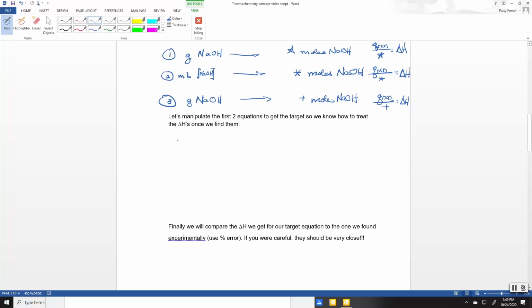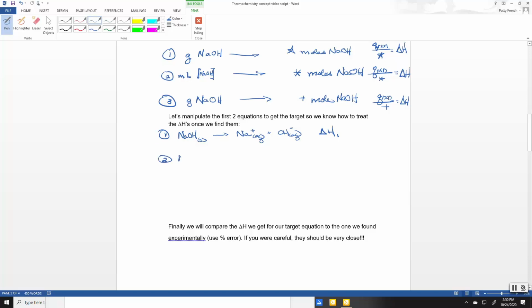So now we have to figure out how we're going to manipulate these equations to get to the target. So again, we have NaOH solid dissociating into Na plus aqueous plus OH minus aqueous, and we will know the delta H per mole. So we're going to call that delta H per mole for 1.